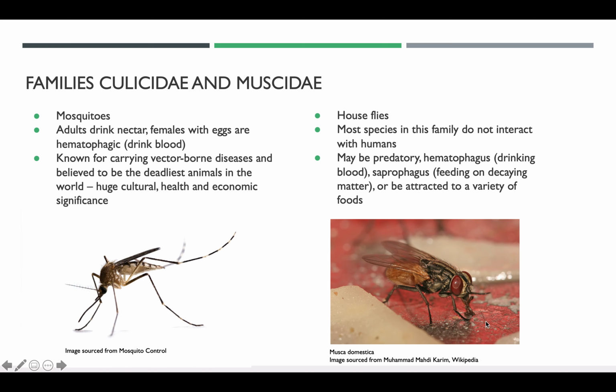Houseflies as well, they fall under a really, really big family, but the overwhelming majority of houseflies don't actually interact with humans, so it's only a few species of houseflies that you'll find in your home, and they have a huge variety in their diet.